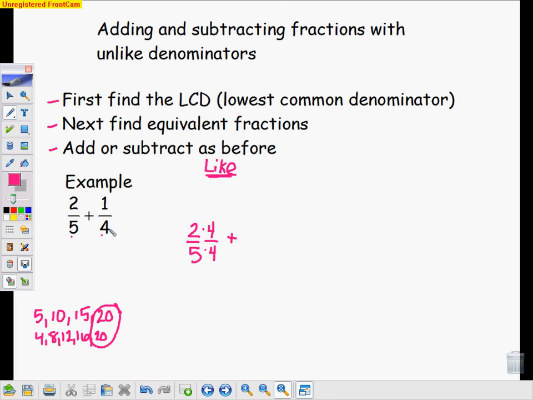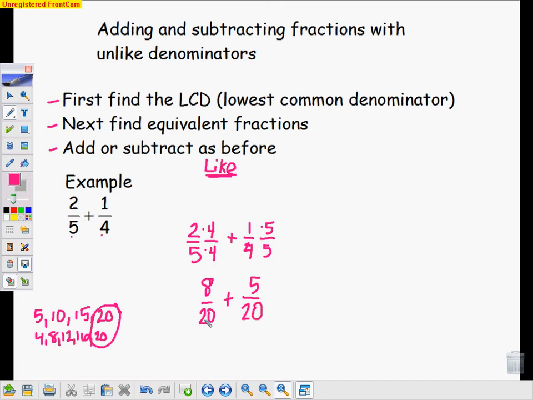Now 1/4, we're going to have to multiply this one by 5/5. Again, multiplying by 1, so we're not changing the value, just the look. This is going to give us over here 8/20. And over here we're going to have 5/20.